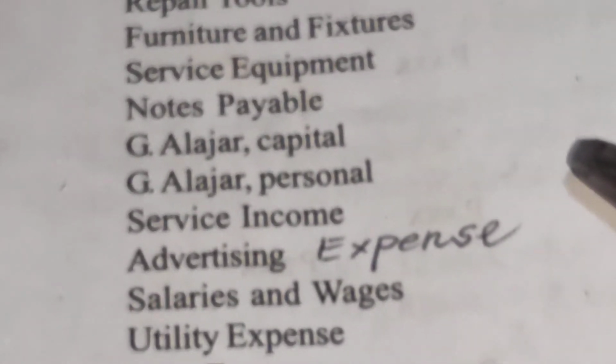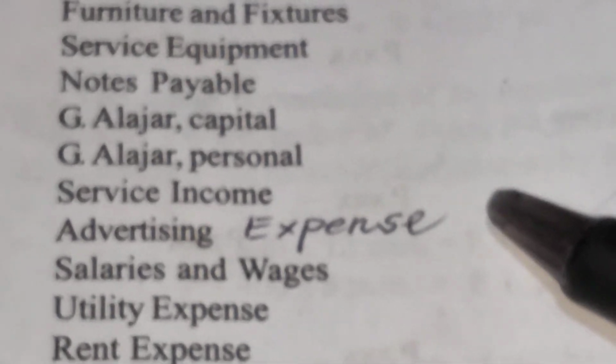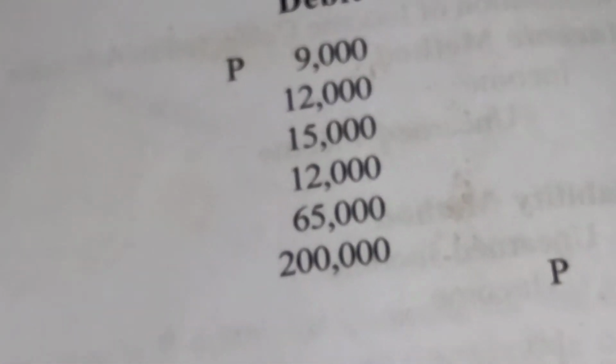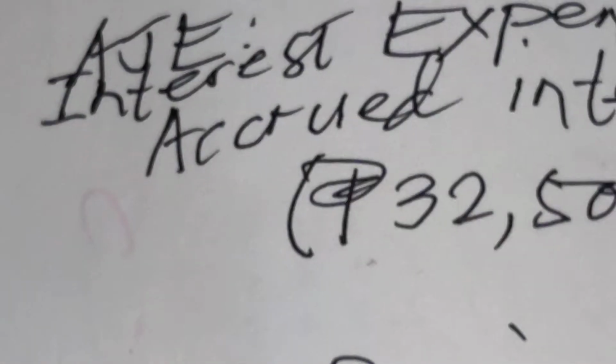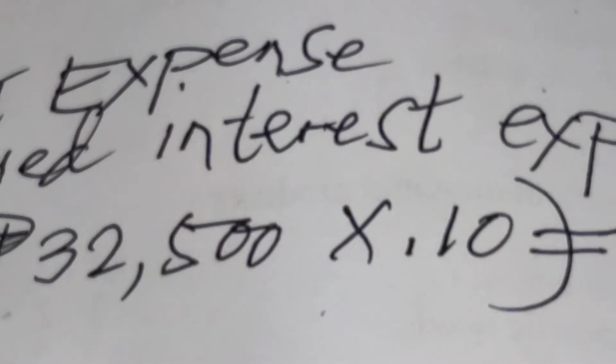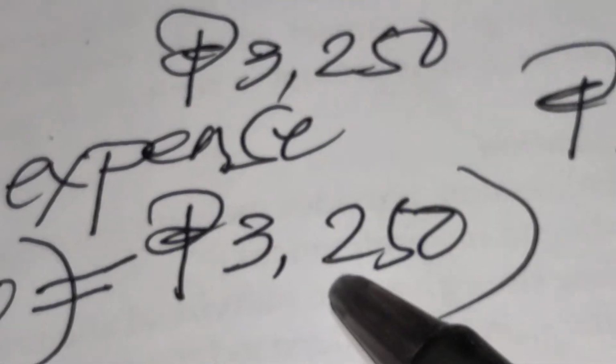So your notes payable is around 32,500. 10% of 32,500 is 3,250.